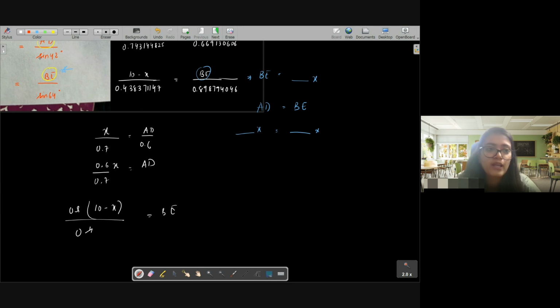Okay, and then you put them equal to each other. So 0.6 over 0.7 times x is equal to 0.8 times 10 minus x over 0.4. And from here, you'll get the value of x.